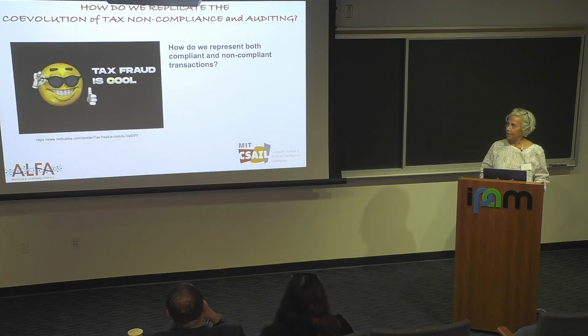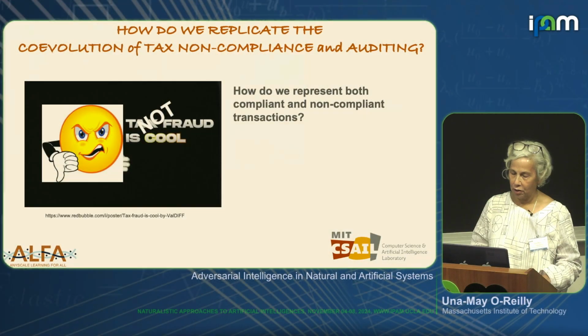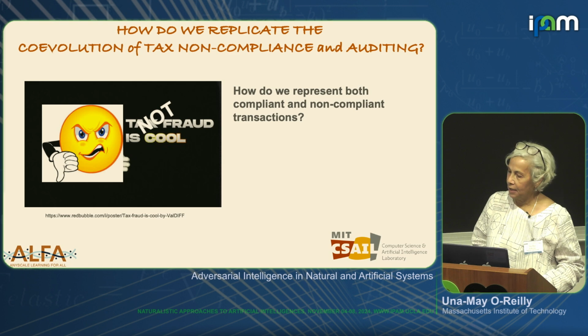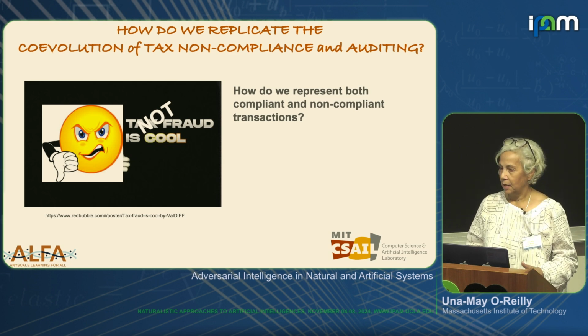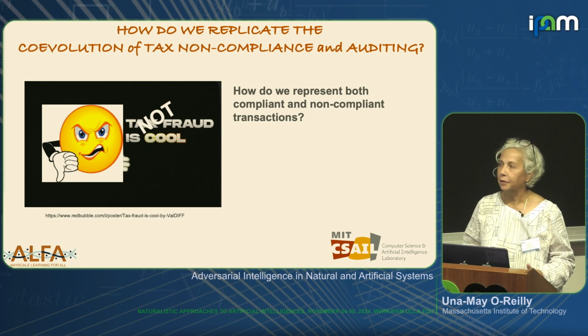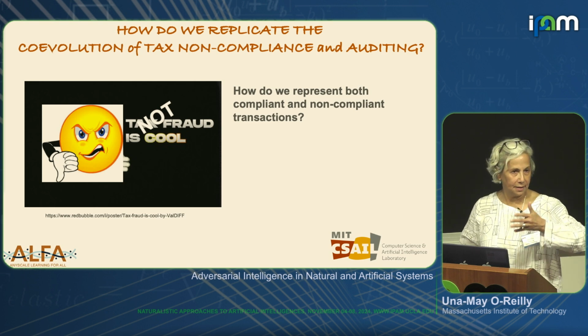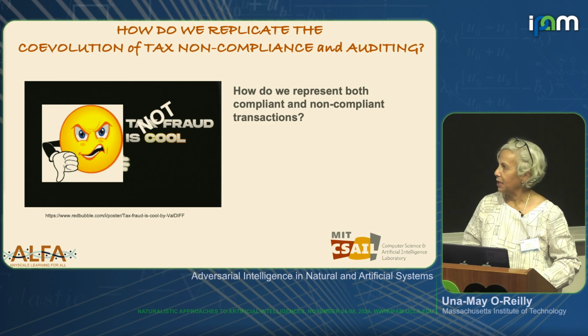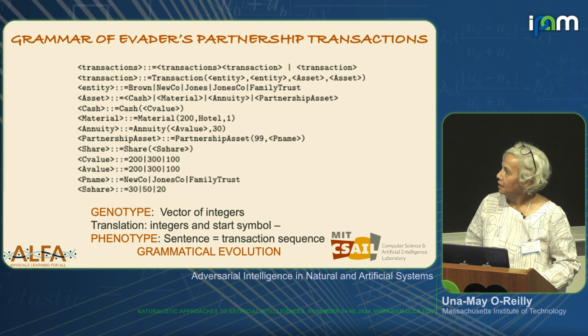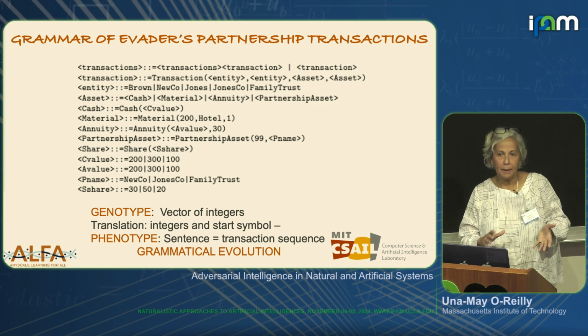Yeah. So say I want to model this coevolutionary arms race. The first thing I need to be able to do is have a space where taxpayers can act and behave, right? And that's the space of transactions and sequences of their financial transactions over these entities and assets and payments, right? And to do that, I set up a grammar in that space.